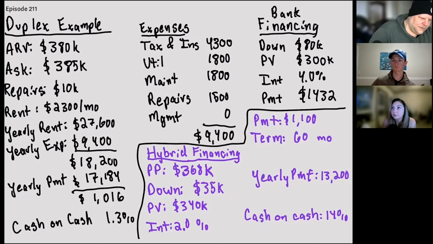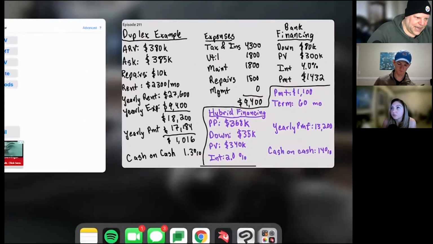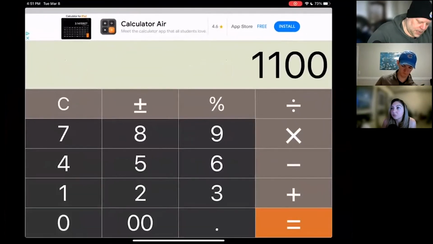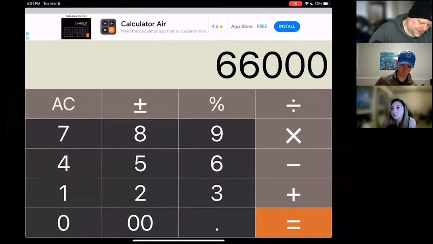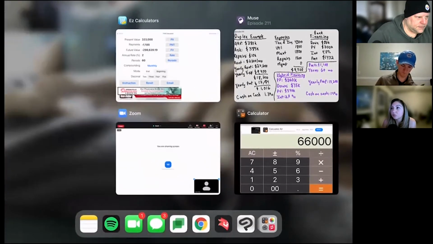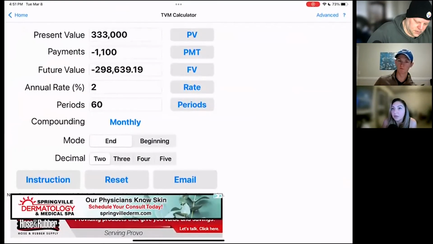And by the way, if this was a free and clear property, let's see, what are they going to net? 1,100 times 60. They're going to get 60 payments of $1,100, plus their balloon payment. Where is that? I don't think we calculated that.